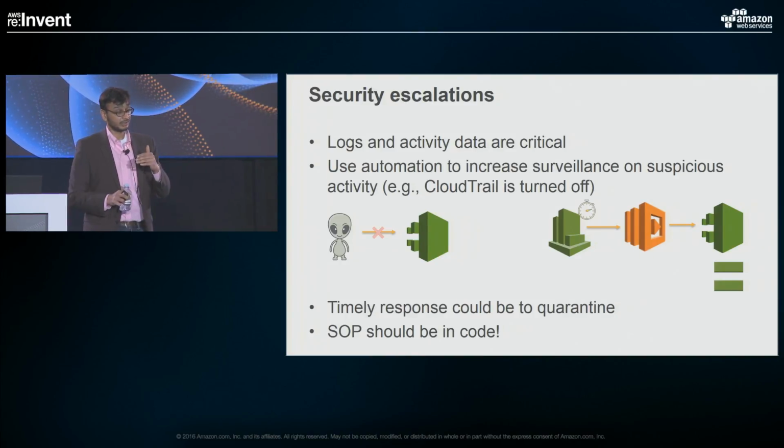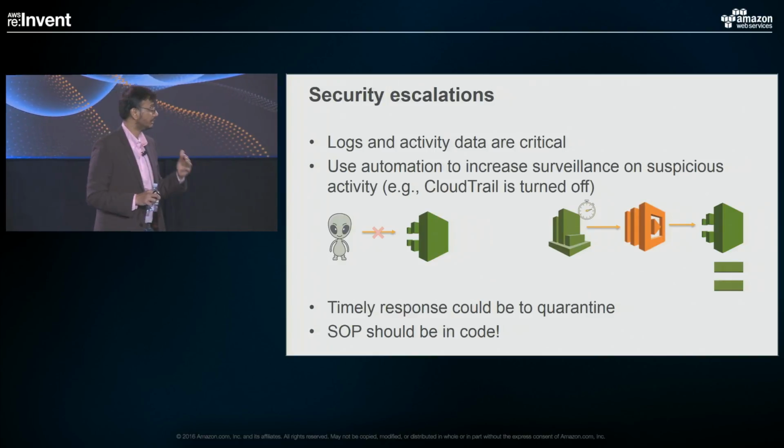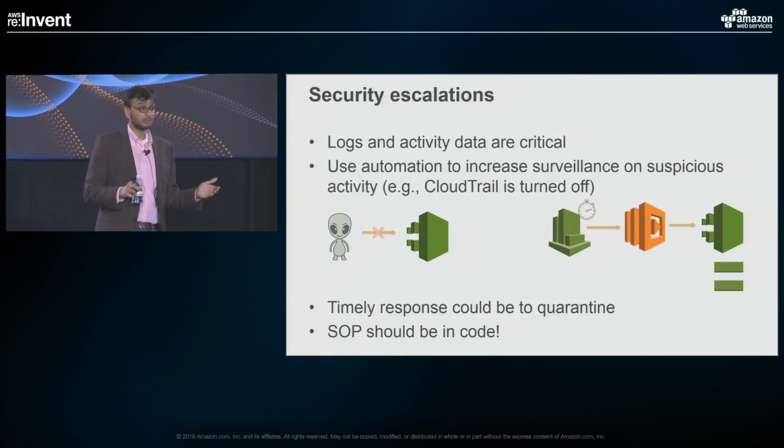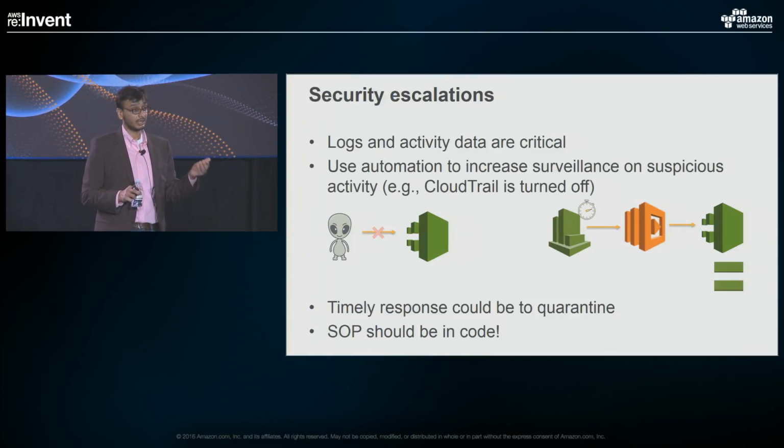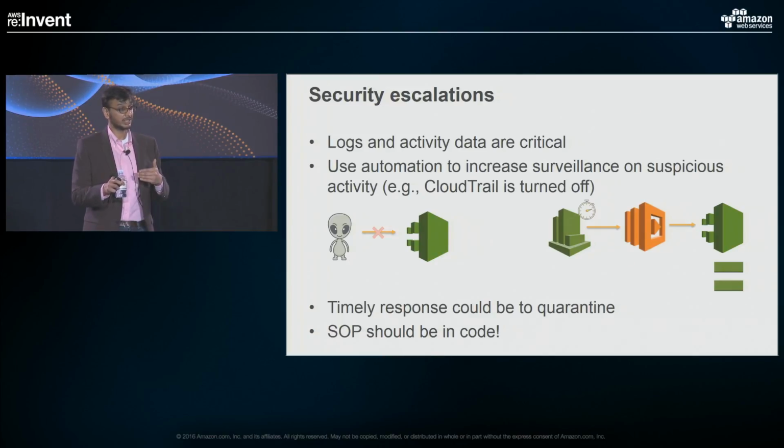There's a demo we did earlier today, for the code for which it's Dev 302, and I didn't want to repeat the demo in this session for people who attended both. But we have an SOP in code for that, and I can provide a link to that GitHub repository that contains the code to start monitoring these resources, like enabling VPC flow logs when something suspicious happens, and being able to react to it.